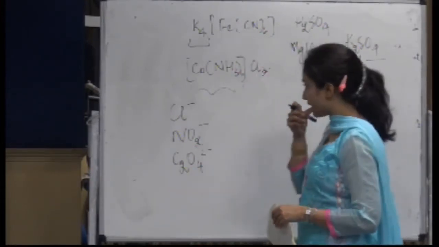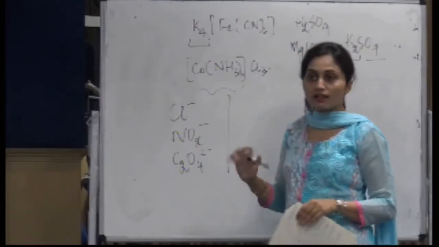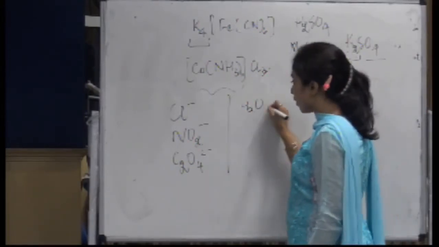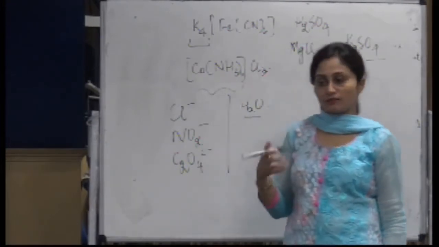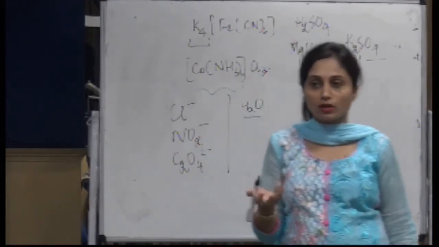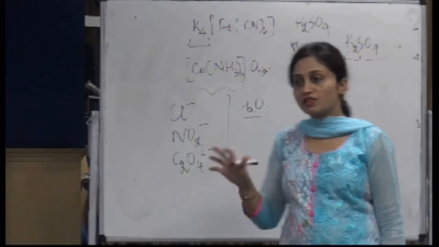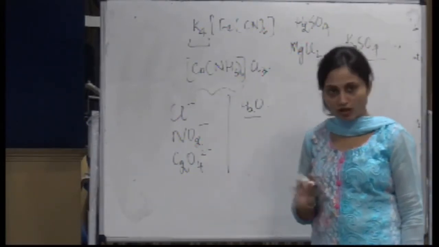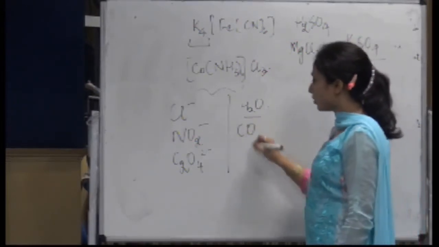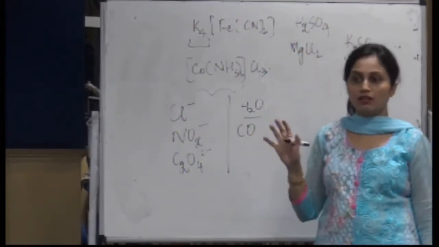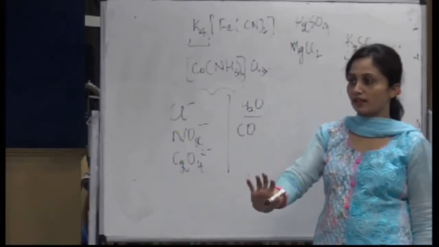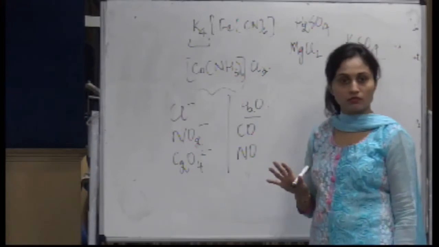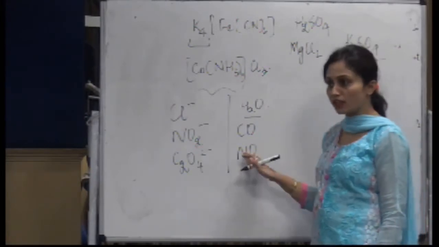If you have a neutral ligand, then the neutral ligand will be named as such. Jaise you have H2O. This will not be named as hydro. In some cases it may be called as hydro also, but generally named as aqua or aquo. Then CO is named as carbonyl. Neutral ligands का नाम as it is रहता है, carbonyl. NO is named as nitrosyl. ठीक है, as a ligand, carbonyl, nitrosyl.